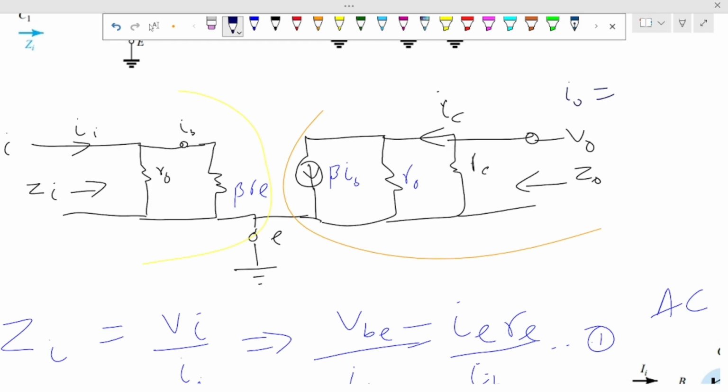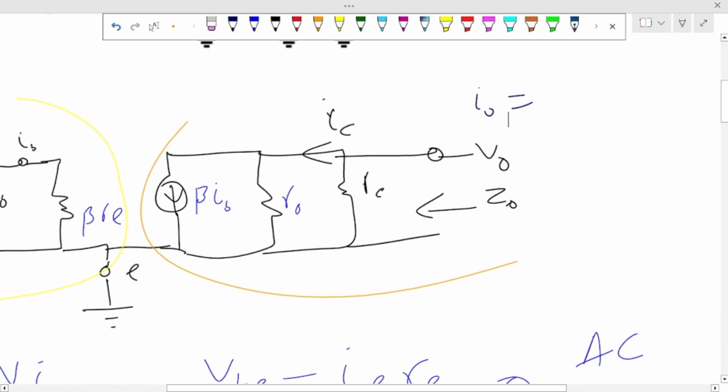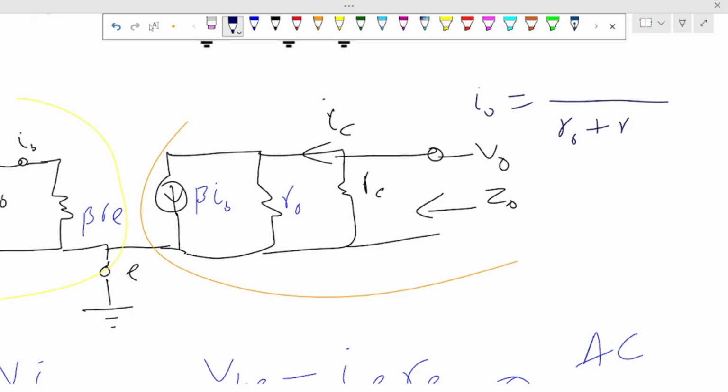And of course, the output current IO equals. Now, the output current RO. How we do it is this. I'll start with the denominator because it's quite simple to explain. Just sum the resistance you have in this network. So you will say RO plus RC. Okay, so the current we are looking for is IO, right?